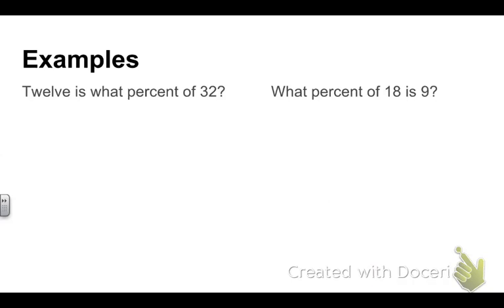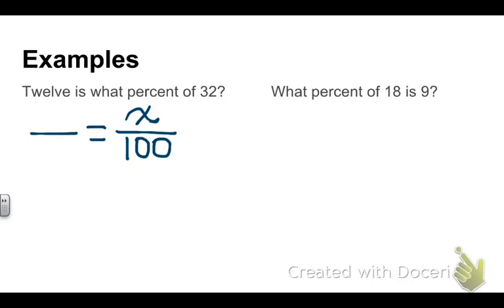So, for example, 12 is what percent of 32? So we need to set up our proportion, and we need to start putting in all the information that we know. Right now it says what percent, that's what I'm trying to find out. So I'm going to put an X for what percent, and I know that percent is always out of 100.